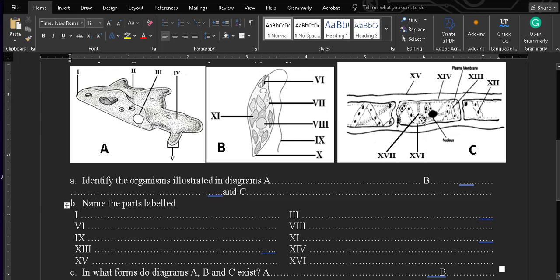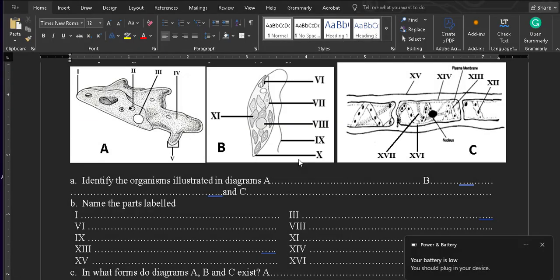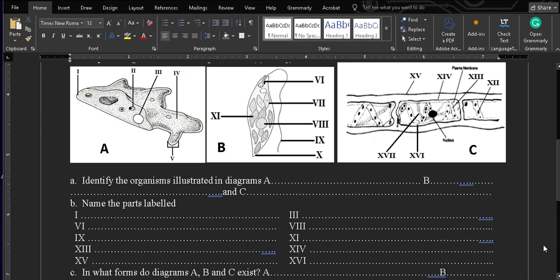You can talk about the thin strands of cytoplasm in C, which is large in A. Okay, sorry about that, battery is a little low here. All right, so what else do we have? You can see here the dark spot.